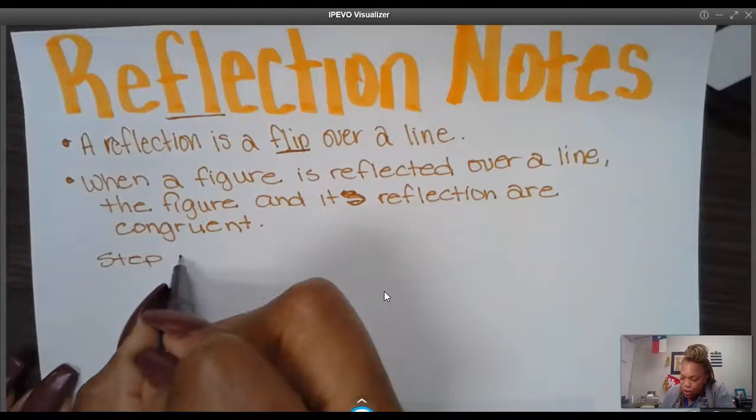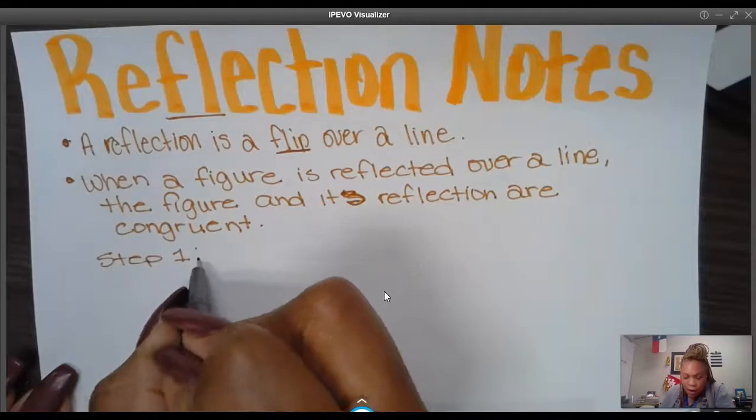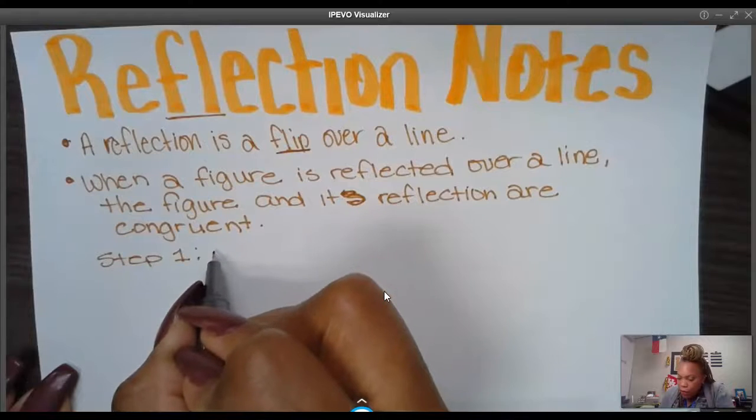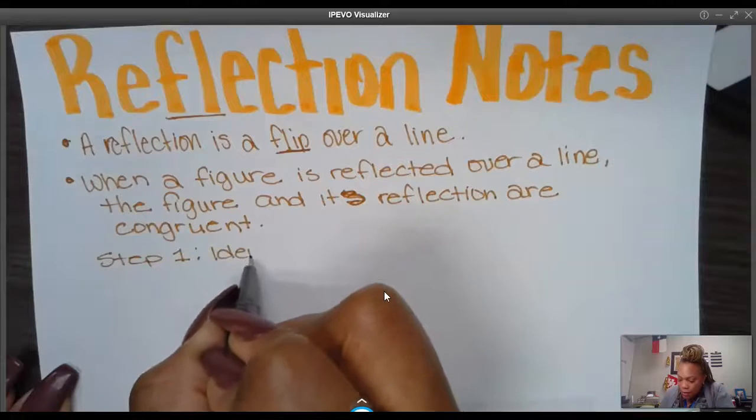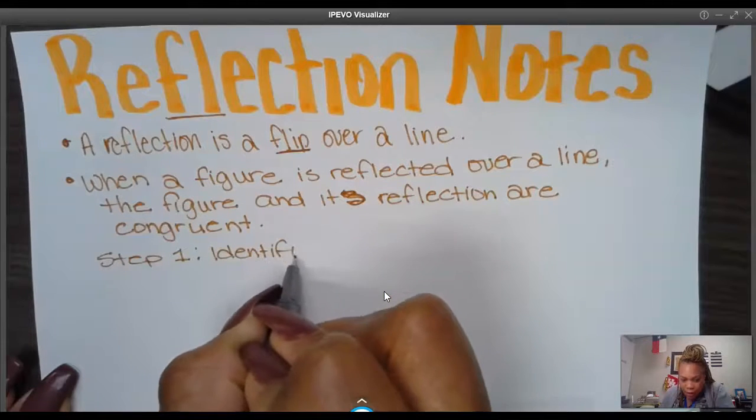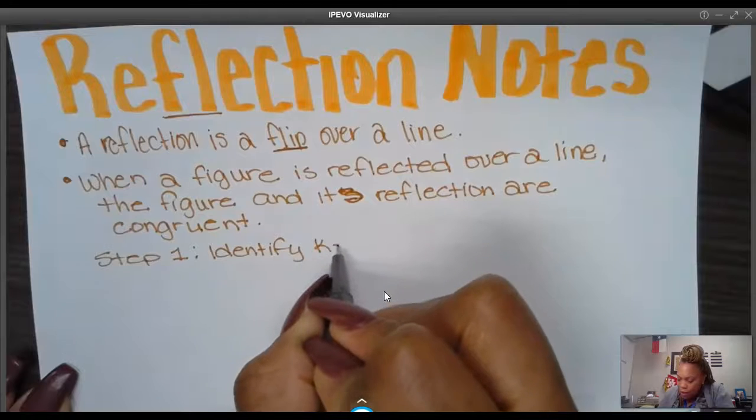And this is if you're just going to draw a reflection on a coordinate plane. So your first step is to identify the key points in the pre-image.